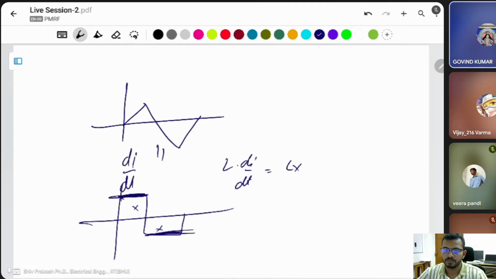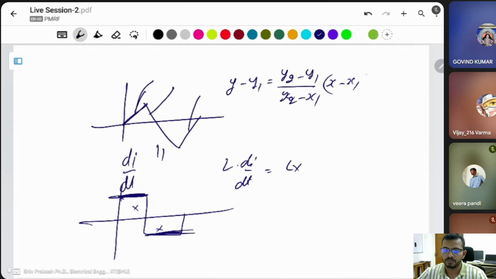Or for all instants, I have to add. There are two instants only. Yes, two. Or you can find the equation for each part, using the formula y minus y1 is equal to y2 minus y1 divided by x2 minus x1, times x minus x1.